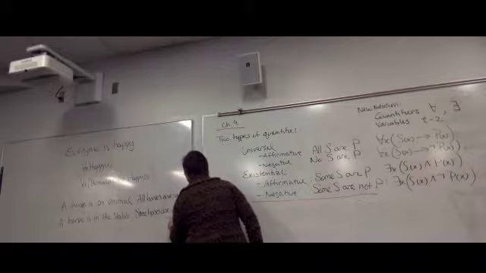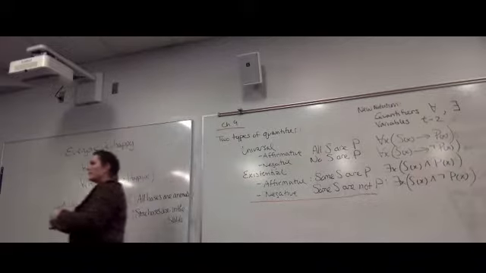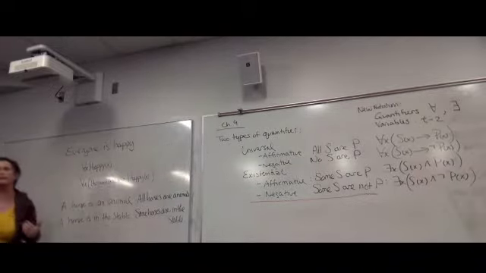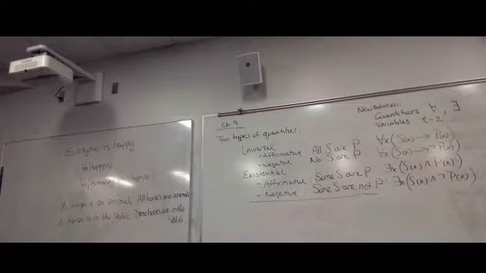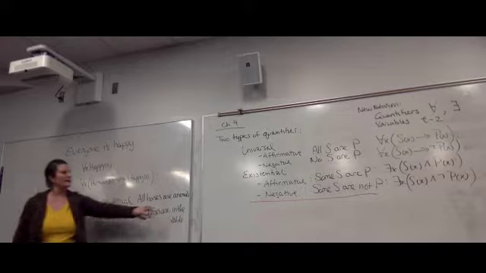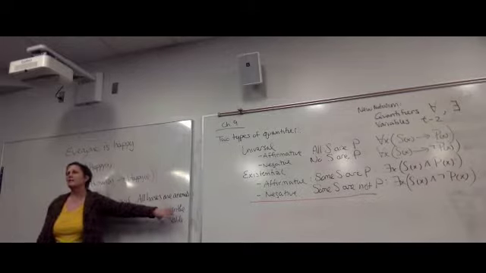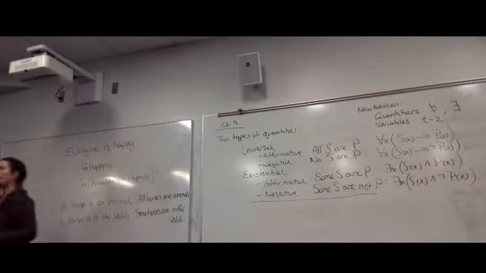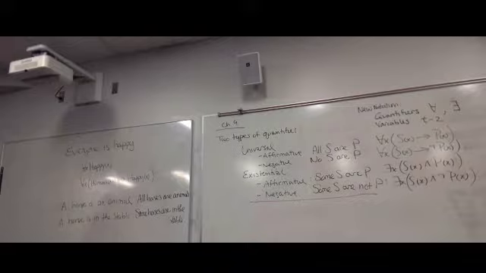Now, the two logical predicates are nouns or noun phrases, right? So in the stable is not a noun or a noun phrase, but you would say animals in the stable or things in the stable, something like that, right?